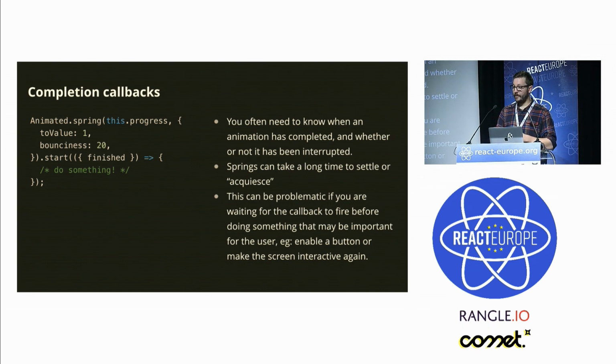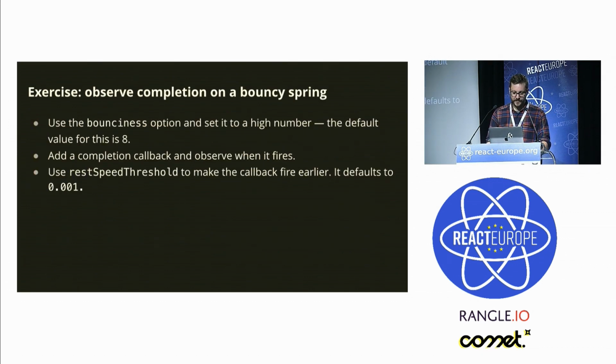And if we have time later, we're going to look into building a modal, so it's something to keep in mind. So let's play around with observing completion on the springs. We can just use the example that we had before, where we were playing with springs, and let's pass in a callback, and when it completes, we can just fire an alert or do whatever we like at that point.